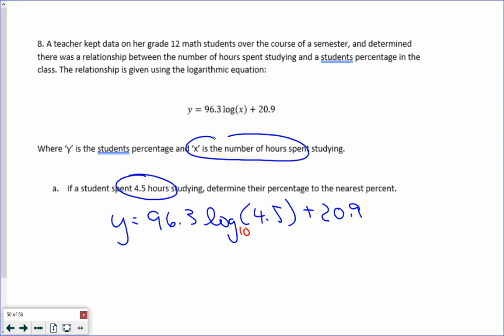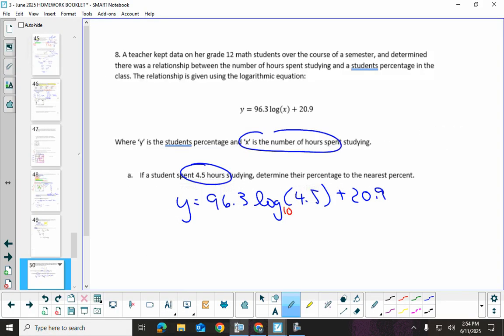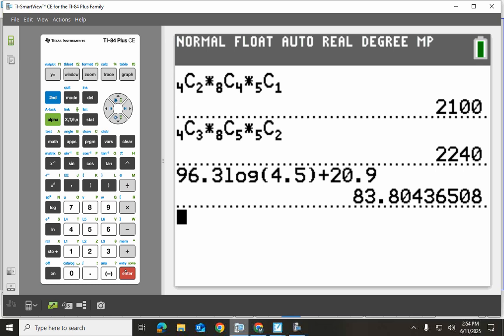So we're just going to use our log button. So we're going to go 96.3 log 4.5, finish off the bracket, plus 20.9. So their mark should be around 84%. So if they spent 4.5 hours studying, they should be at around an 84%.